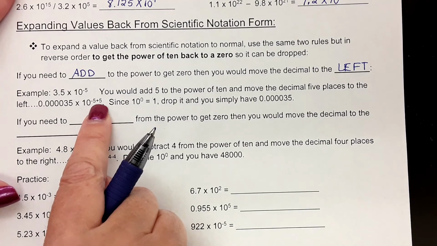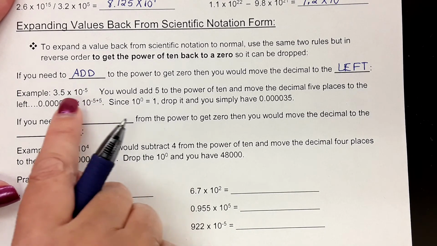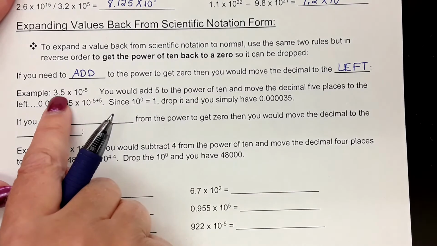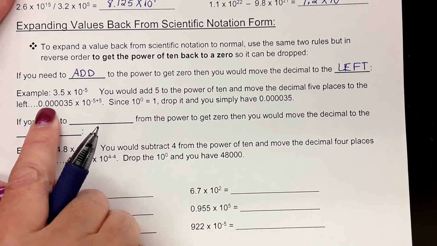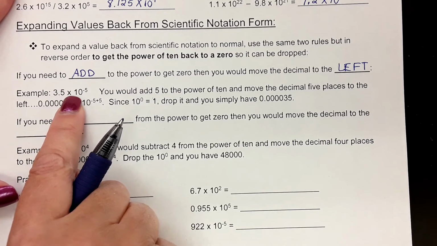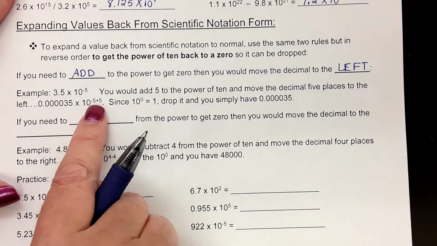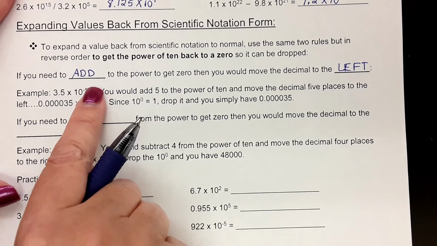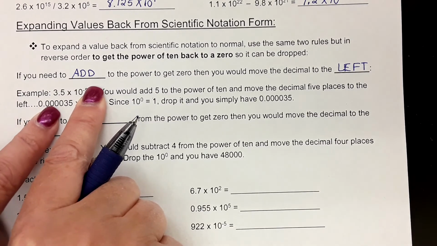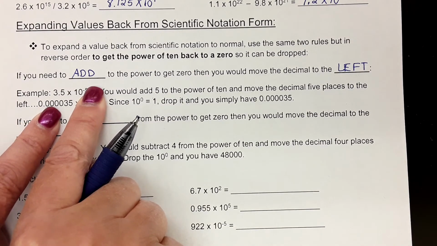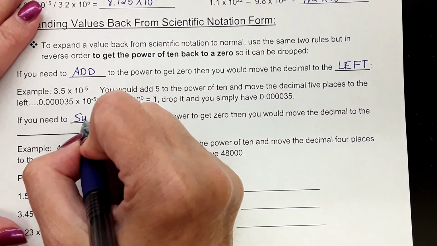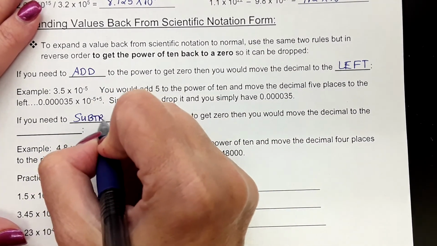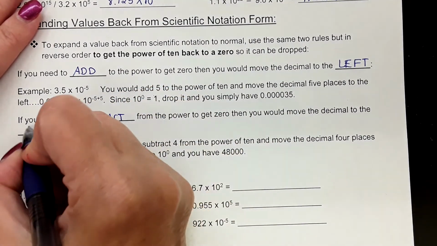But if you're going to add 5, you're going to move the decimal to the left 1, 2, 3, 4, 5 places. So 3.5 times 10 to the negative 5 would simply become, because 10 to the 0 is just 1, you can drop that, and you get 0.000035.